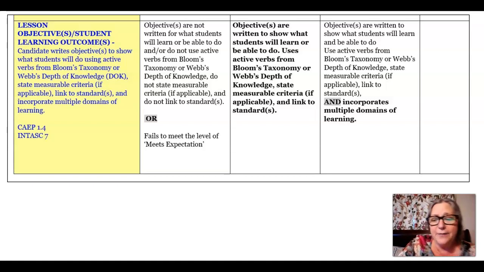What they're talking about there is where sometimes you might say 80% accuracy, 95% accuracy. When you're working in the cognitive domain, I don't find that as very necessary.